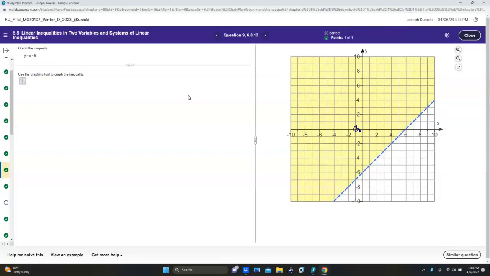If the line goes through the origin, which we'll see in an example later, I think, we have to pick some other point. For instance, I could have picked the point 2, 2, which is not on the line, and I would have got 2 is greater than -4. Still true. So that test point would have worked. Any point in the yellow region would work, but just kind of passing that on.